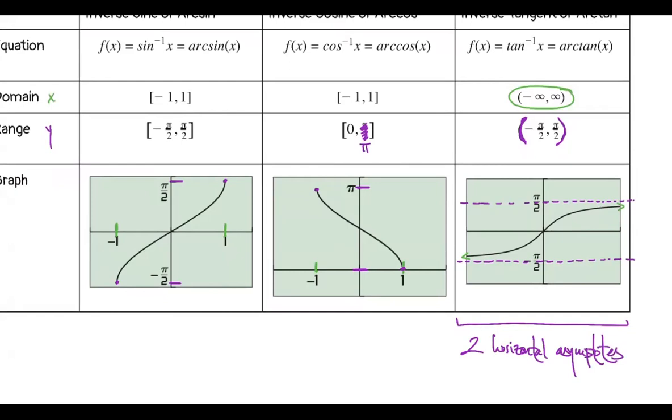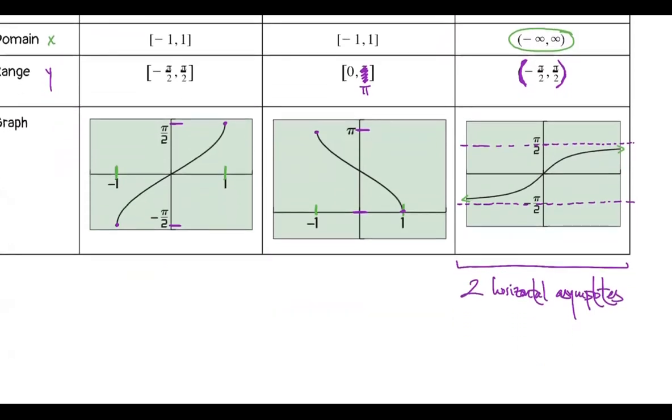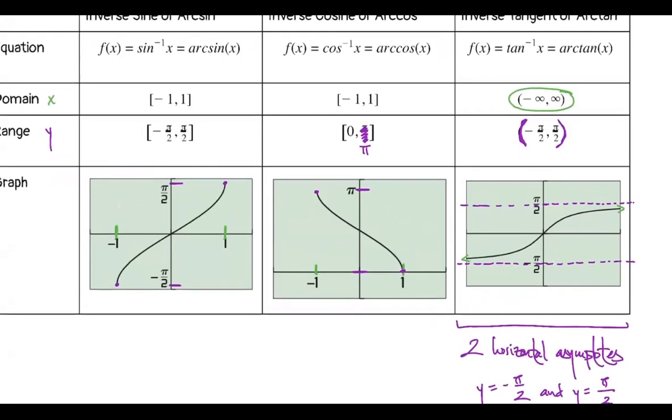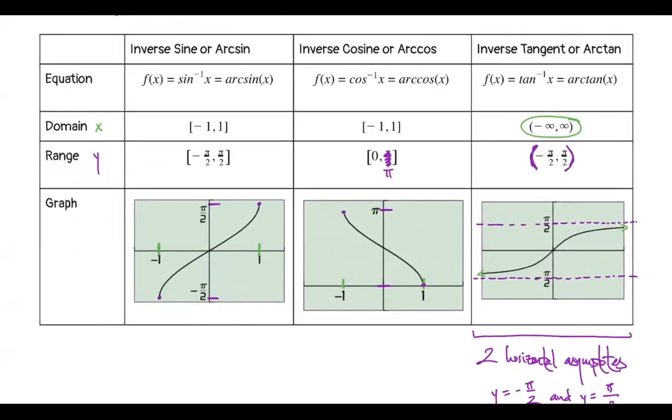All right, it has two horizontal asymptotes. One is y equals -pi/2, and the other is y equals +pi/2. Okay. All right, let's see.